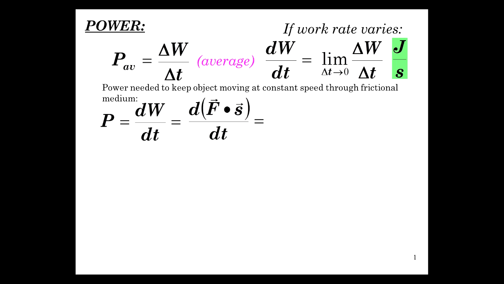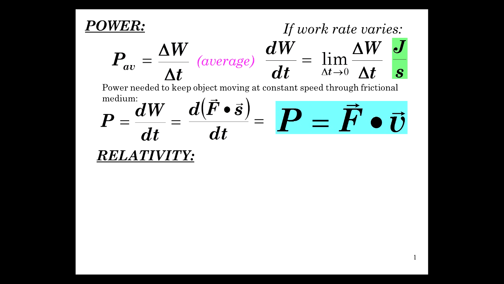But S over T is just displacement over time, which we know is velocity. So power is equal to F dot V, the dot product of the force and the velocity.